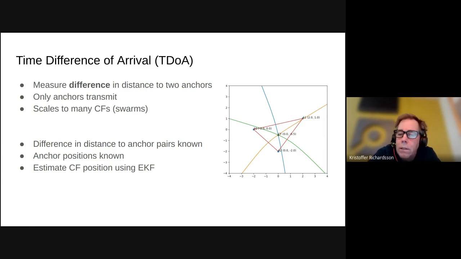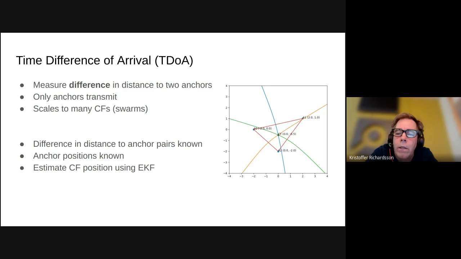The reason is, if you look at this picture here, it's intended to show that the yellow line, for instance, is all the possible positions that the Crazyflie could have if you're looking at the anchor pair A0 to A2. So the yellow line has the same difference in distance to A0 and A2. Similarly, the green one is for the anchor pair A1 to A2, and the blue one is for the anchor pair A0 to A1.